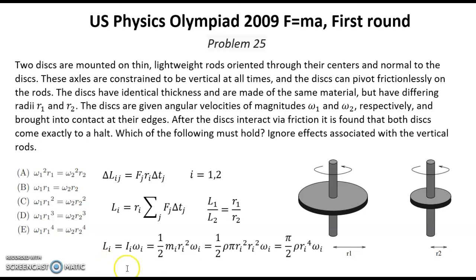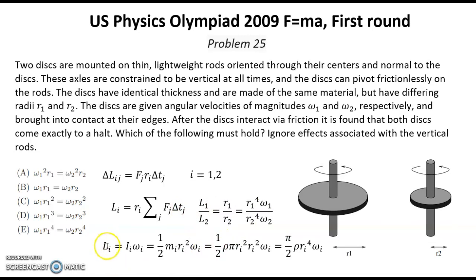They are like this. Angular momentum equals I multiplied by omega, and I equals 1/2 mass r squared, and because mass is proportional to radius squared, we have this formula, and finally this is the expression for angular momentum. Now we can divide the angular momentum for the first disk by the angular momentum for the second disk and equate it to this expression.